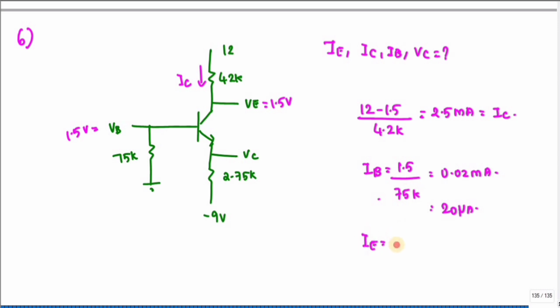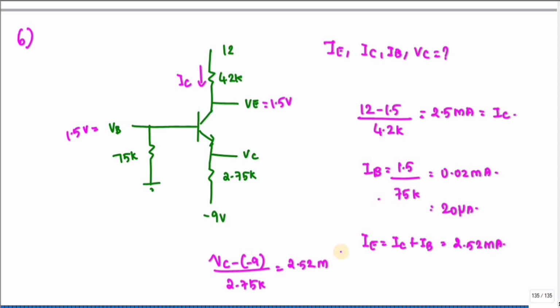Next, I need to find IE. IE is equal to IC plus IB. IC and IB value they have given already. So you just substitute the value. So IE is equal to 2.52 milliamps. So next you need to find the value of VC. VC minus of minus 9 divided by 2.75 kilo ohm, that is equal to IE.